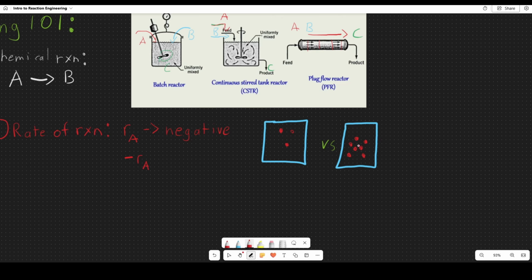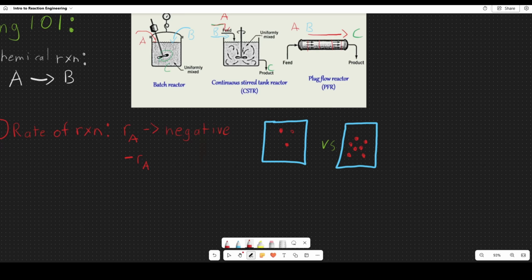Since I have so many more molecules of A in the same finite volume, the concentration of A is higher, and that means the likelihood of these molecules coming into contact with one another is greater. That means there's going to be more reaction going on, so the reaction rate is greater.